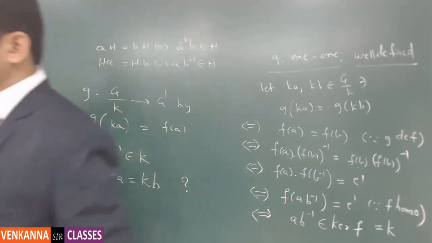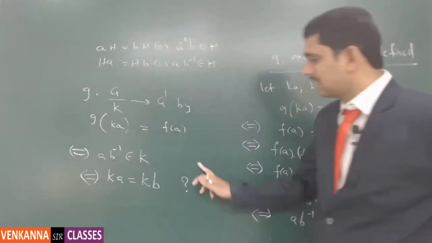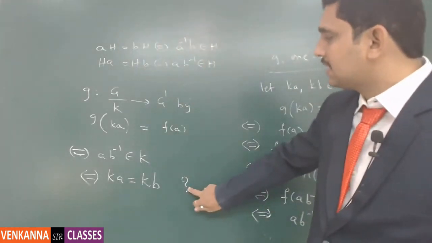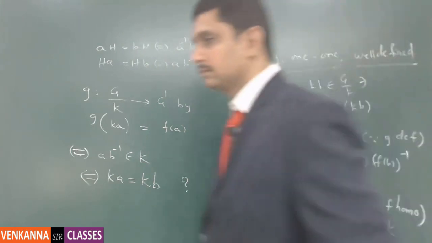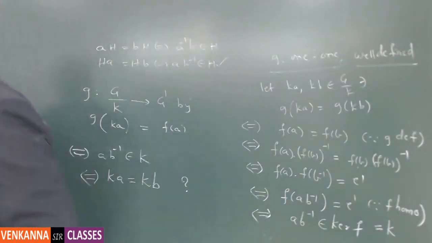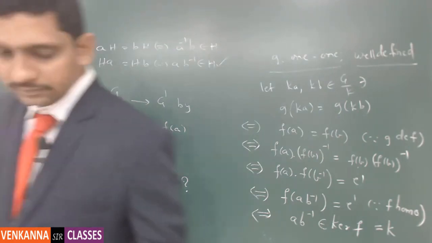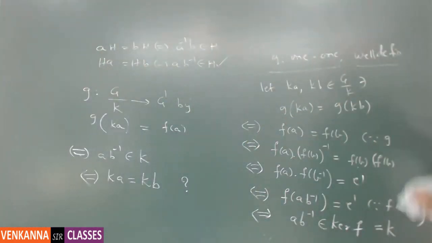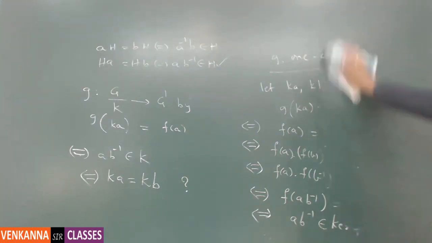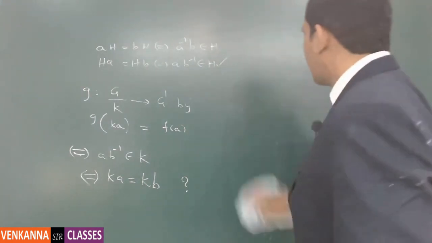Okay? So what is the reason for this step? This step is taken because of this condition. Right. Now, I am going to prove that it is a homomorphism. The function g is a homomorphism.